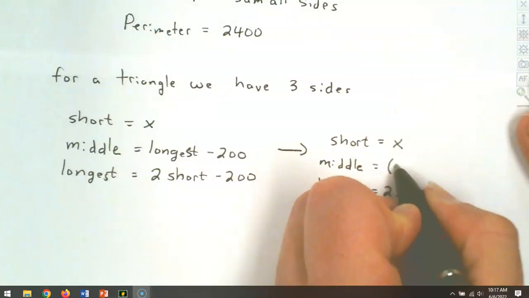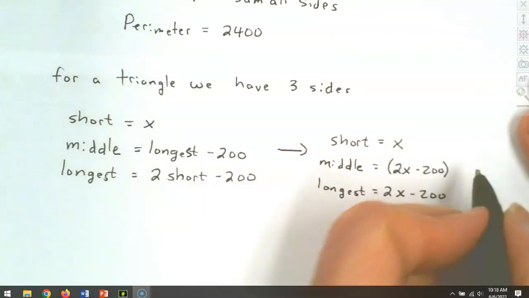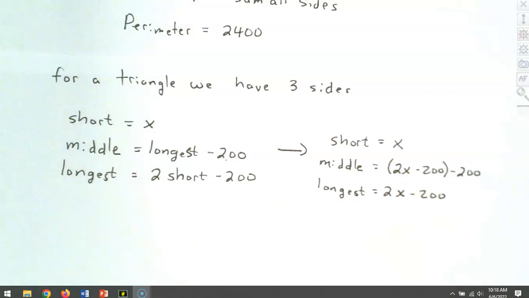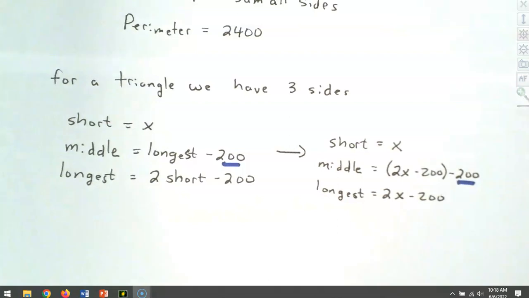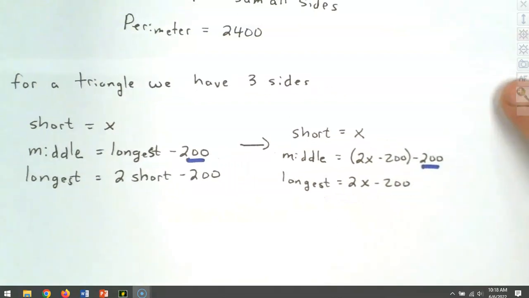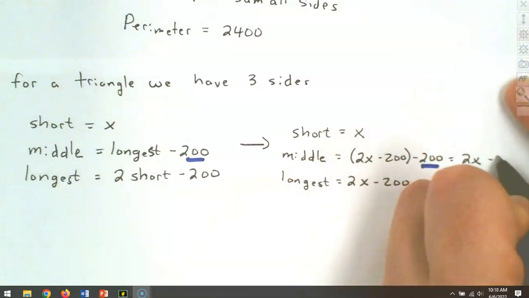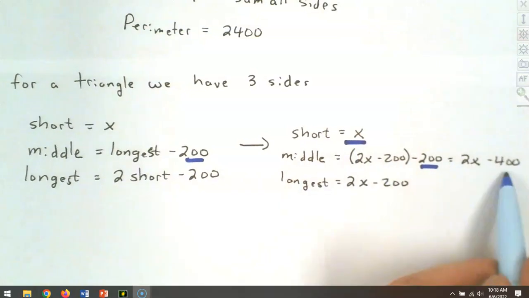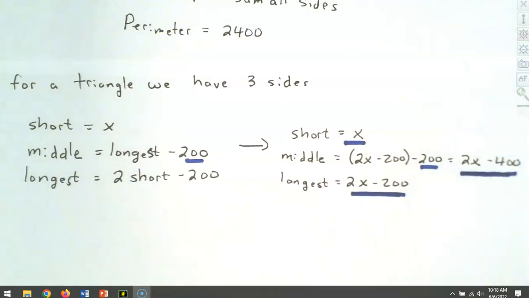The longest one is 2x minus 200, minus another 200, because you still have to subtract off that 200 again. That condenses down for the middle side to be 2x minus 400. So these are our different parts: x, 2x minus 400, and 2x minus 200.